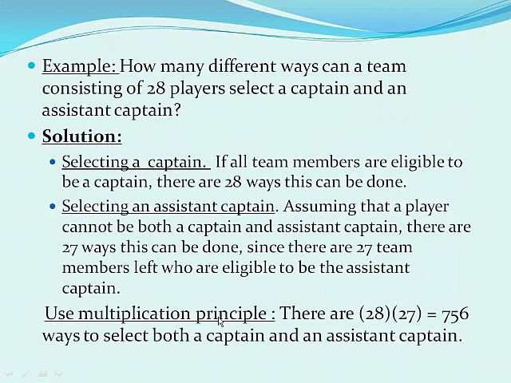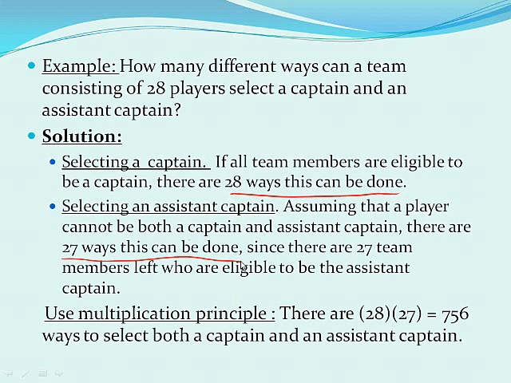Here is an example. How many different ways can a team consisting of 28 players select a captain and an assistant captain? Selecting a captain: if all team members are eligible to be a captain, there are 28 ways this can be done.